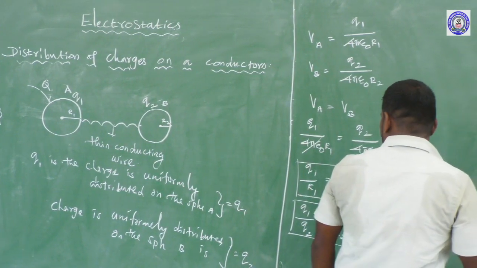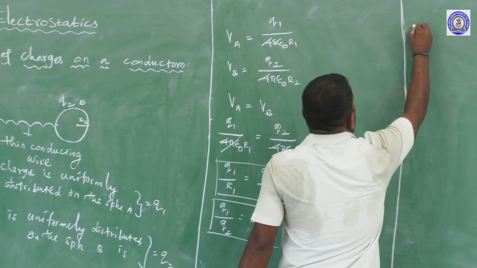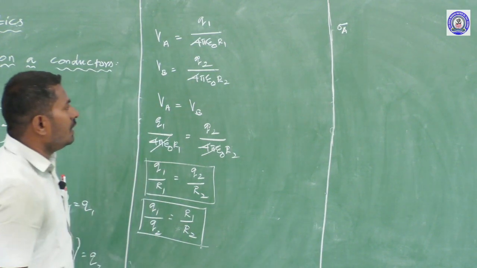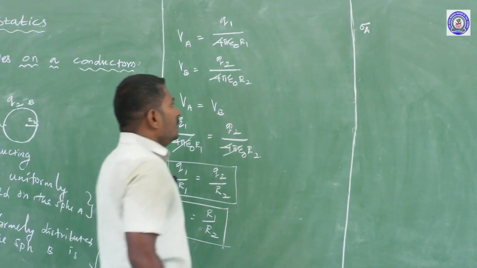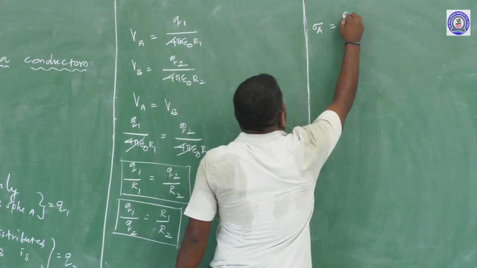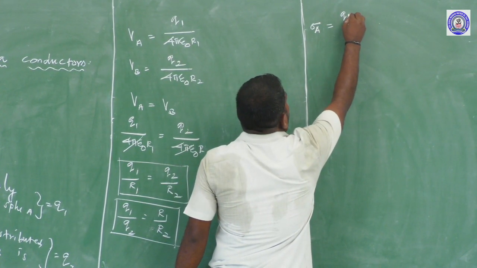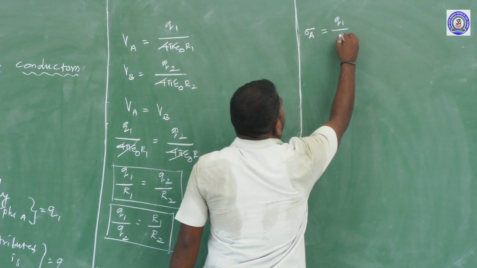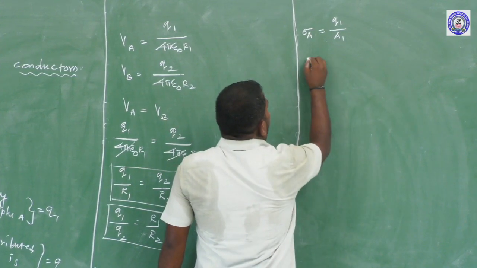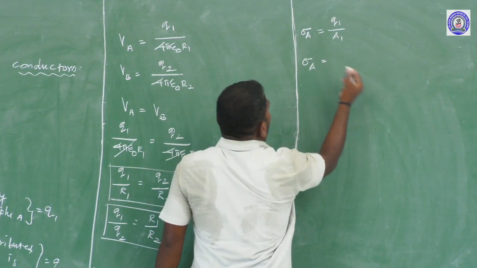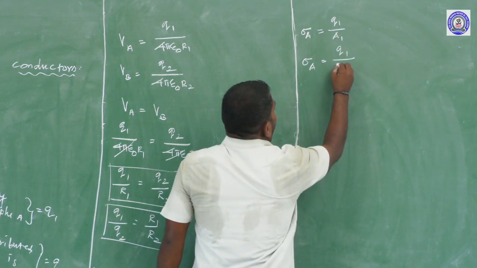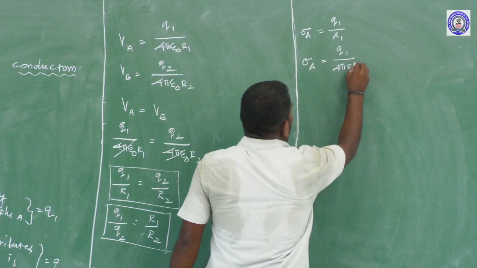Then another one. Sigma A is the surface charge density of metallic sphere A. Surface charge density is equal to the charge on metallic sphere A, Q1, divided by the surface area of sphere A. So sigma A is equal to Q1 divided by the surface area 4 pi R1 square.